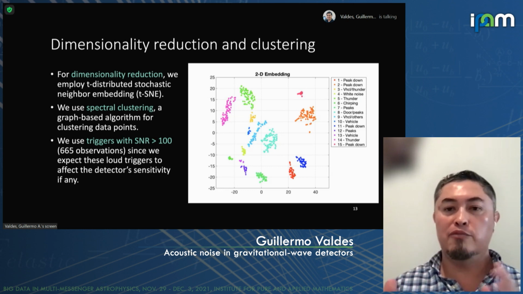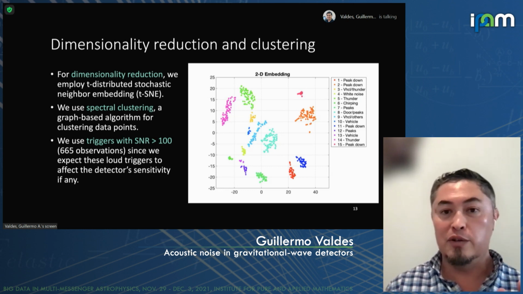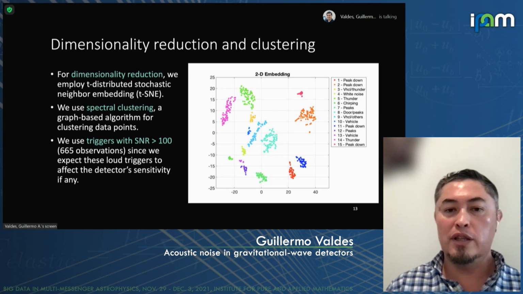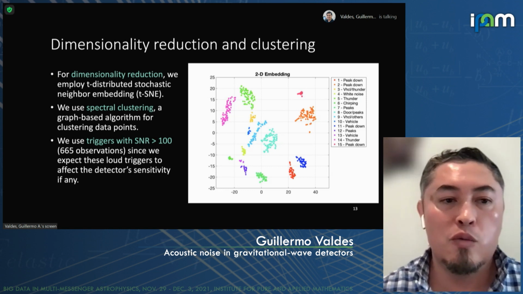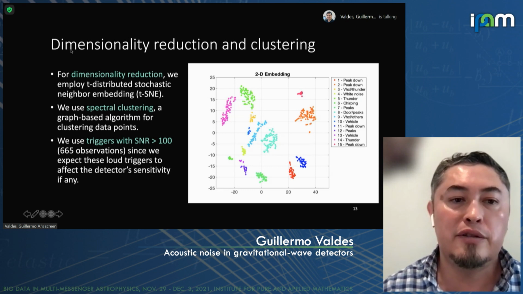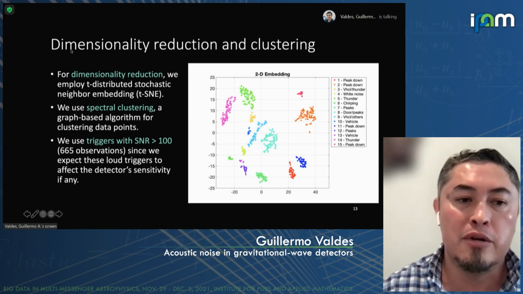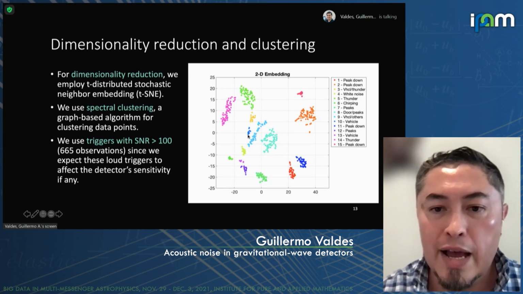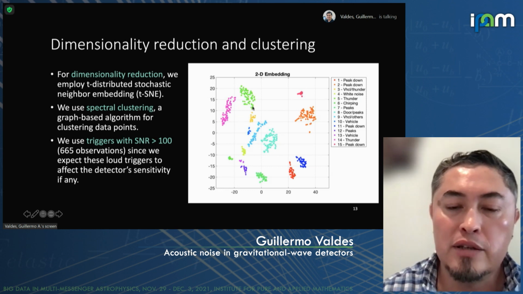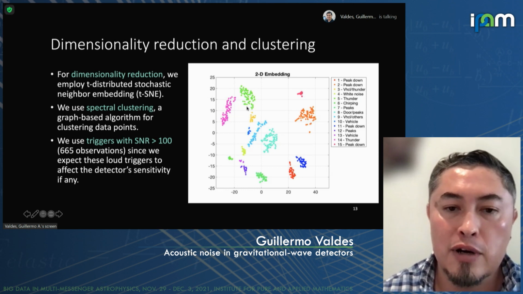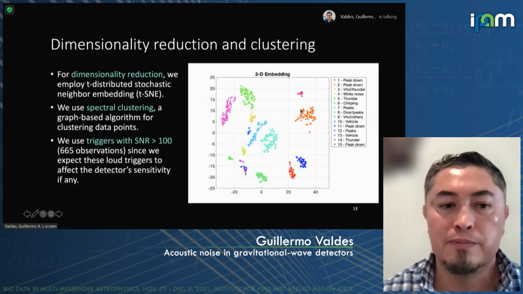What we want is something that, as humans, we can understand better. So what we applied was t-distributed stochastic neighbor embedding. And you can see we have a two-dimension plot in which we see different groups.